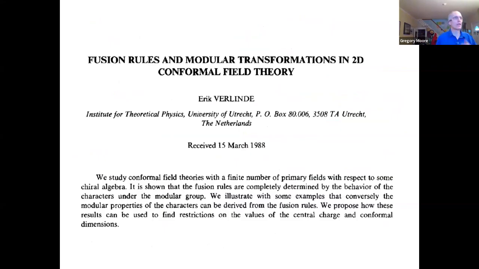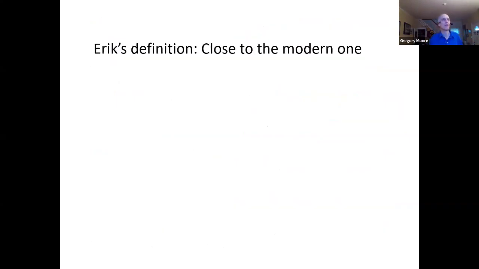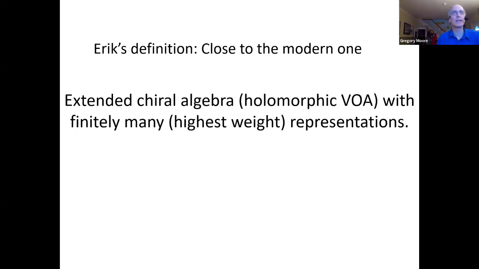And eventually that led to Eric Verlinde's famous paper from March 88, where the first line of the abstract says, we study conformal field theories with a finite number of primary fields with respect to some chiral algebra. So Eric's definition is very close to the modern one, that you have an extended chiral algebra, or mathematically a holomorphic vertex operator algebra with finitely many highest weight representations.